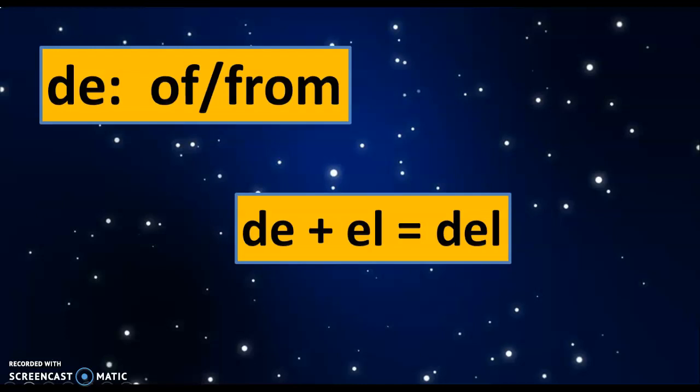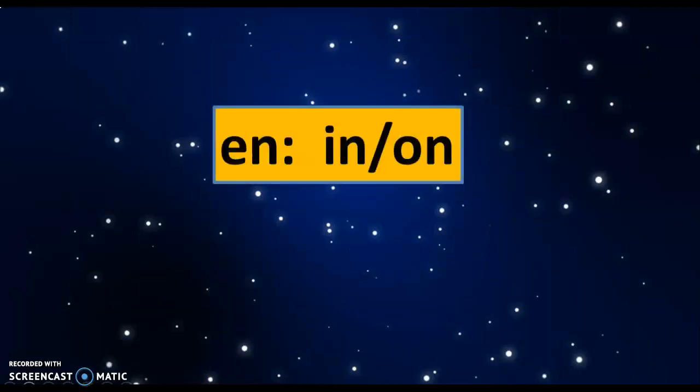It is a must contraction. Another word that you'll use when you talk about location is en. In English, it's in or on, depending on the context. We can translate it either way.